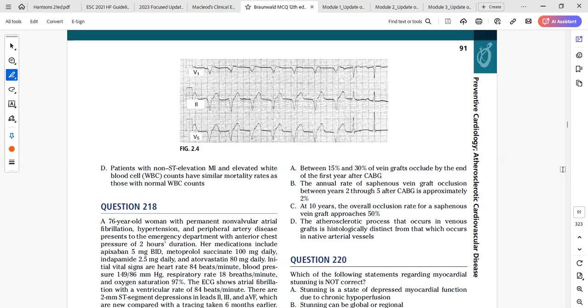This is the false option, because histologically, venous grafts can't be distinguished from the native arterial vessels. So that's why this option is the one we're looking for. So option A is true, B is true, C is true.